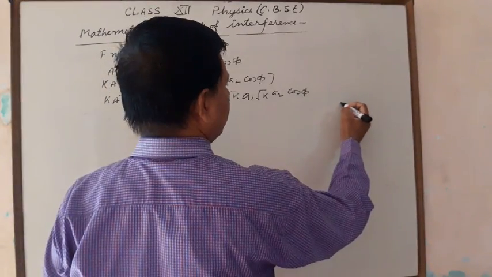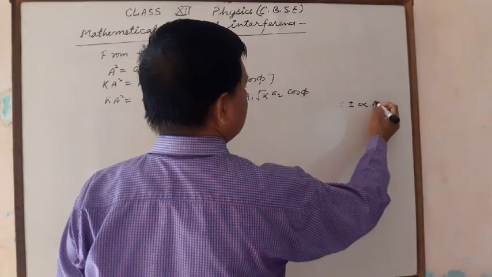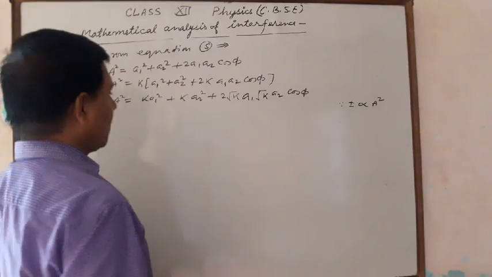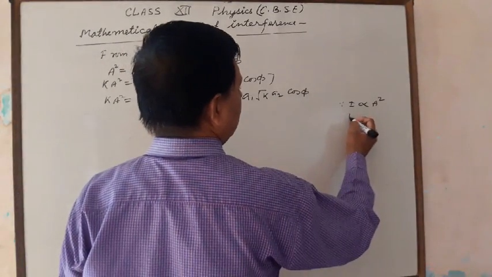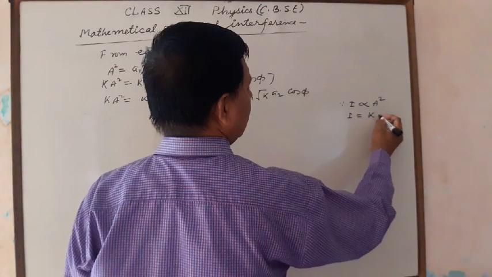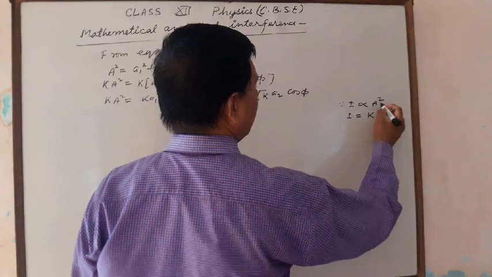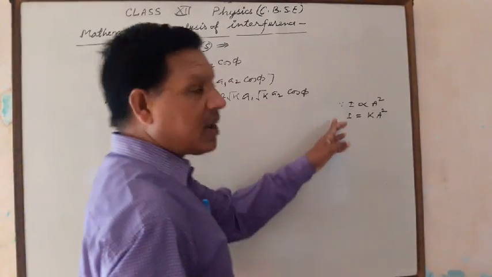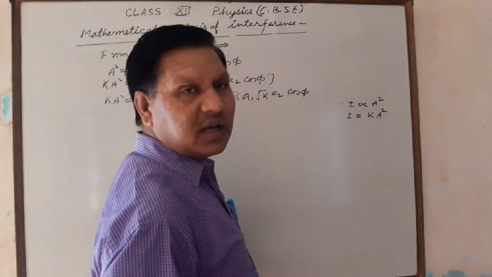Since I is proportional to A square, I is equal to kA square, where I is the intensity of the resultant wave and capital A is the amplitude of the resultant wave.